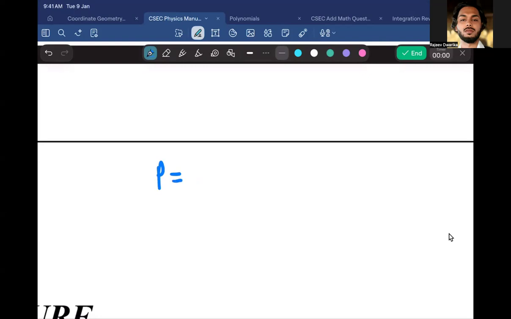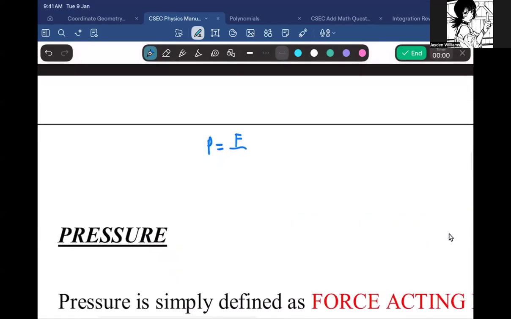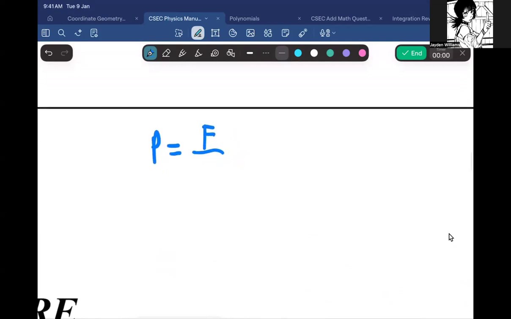Pressure is equal to F over area. That's it.